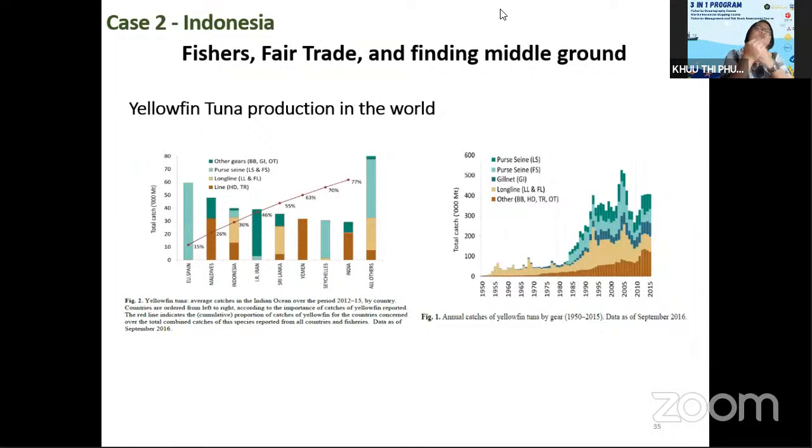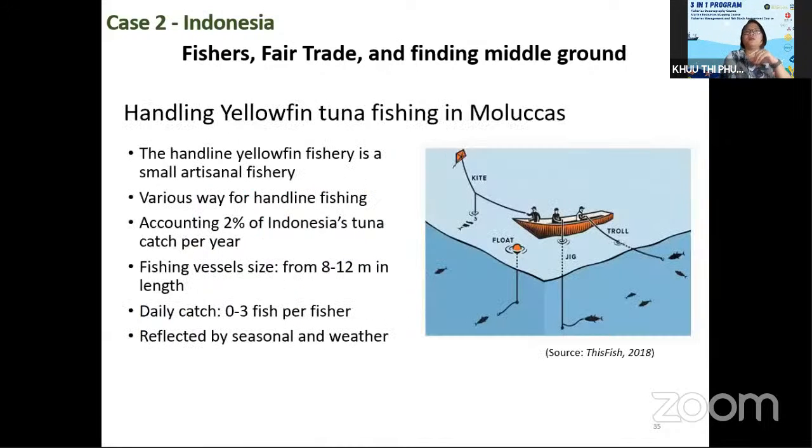For yellowfin tuna production in the world, you can see Indonesia is one of the largest countries for yellowfin tuna. For fishing gear, we have purse seine, gill net, long line, and others. In Maluku, hand-line yellowfin tuna fishing is small artisanal fishery, using various ways of hand-line fishing as you can see in this picture, accounting for 2% of Indonesia's tuna catch per year.